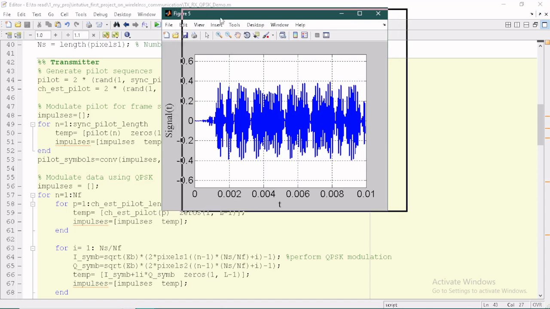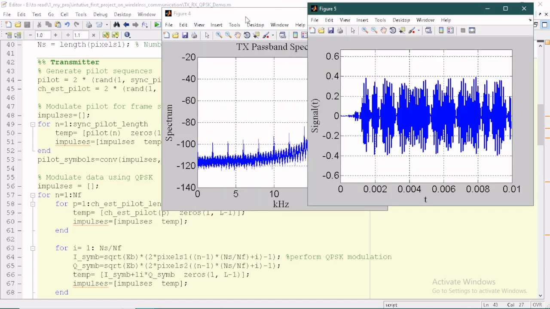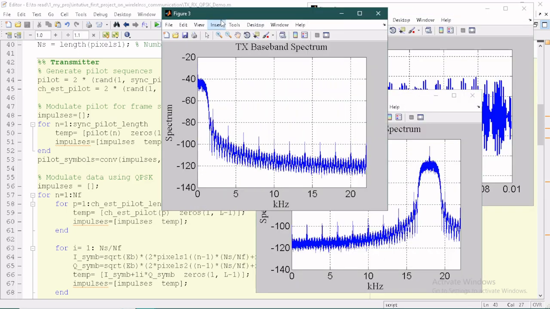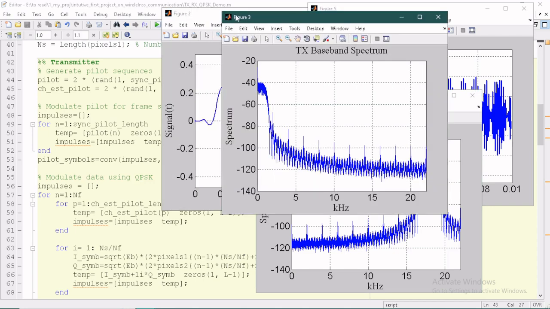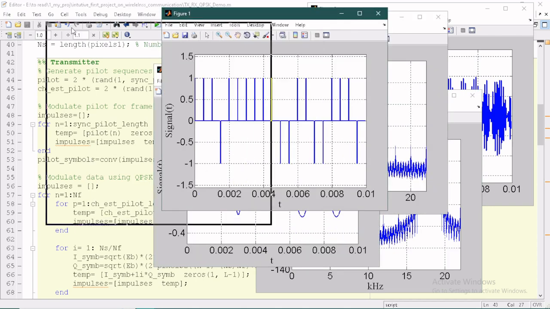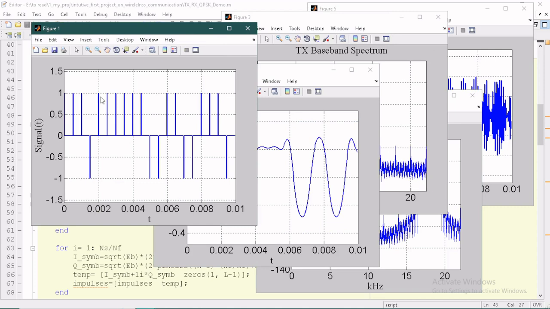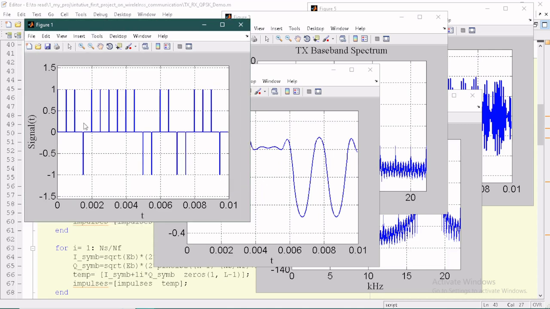So notice the various signals that we can get. Let's start with this one. This is the impulses according to the data that we have, and this we can consider as the real part of the data. We have I and Q, so this is the real part.